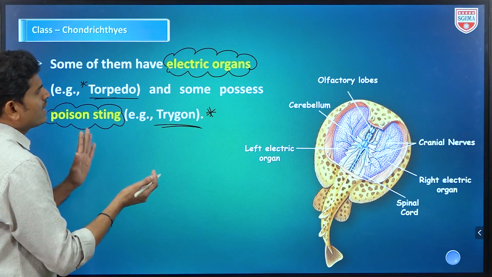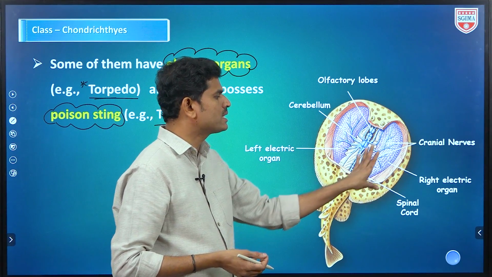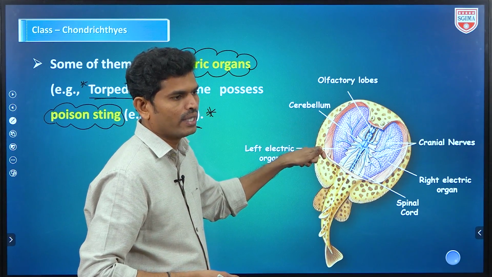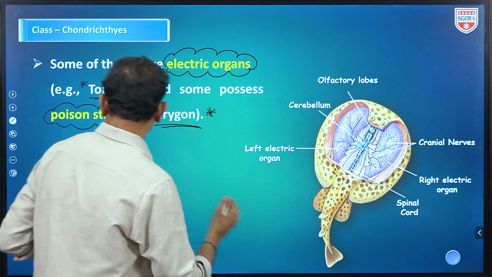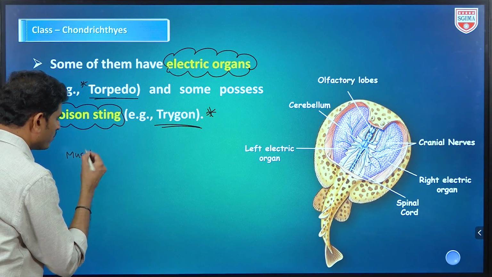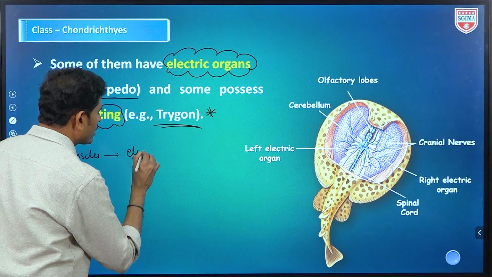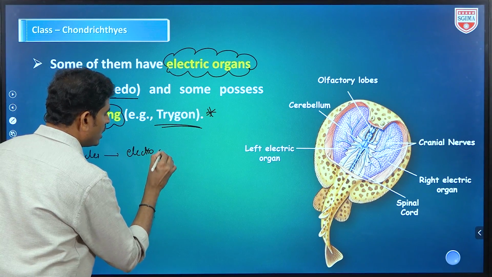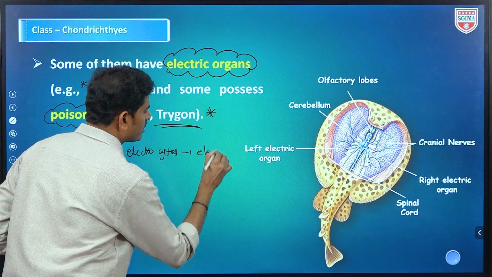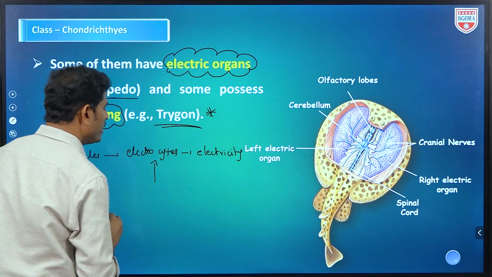So what are these electric organs? In these organisms, the dorsal muscles will be modified as the electric organ. The muscle cells will be modified as electrocytes, which will produce electricity when they are stimulated by the neural system.